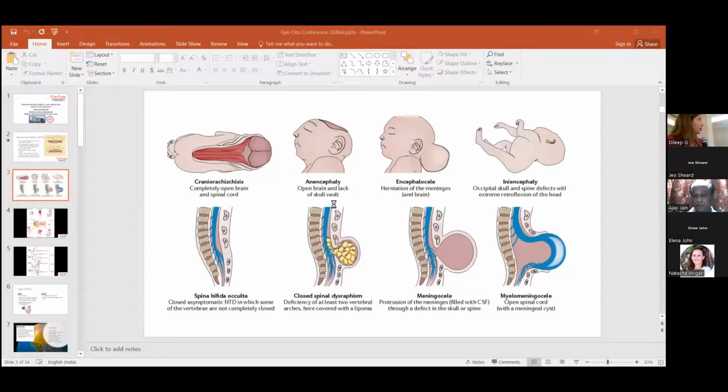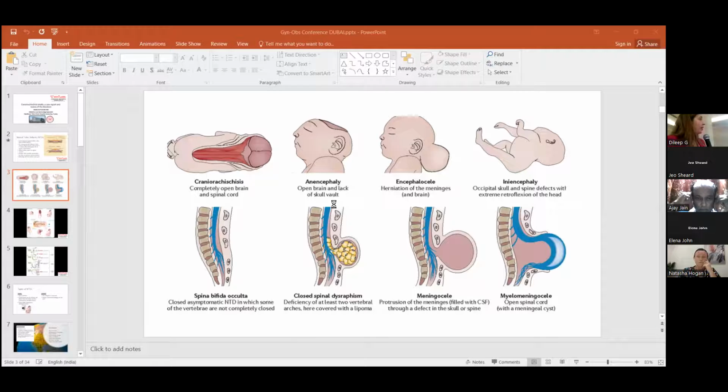What are they? The lemon sign is because of notching of the frontal bones, and the banana sign is an abnormality of the cerebellum. We can also see ventriculomegaly. Here we can see the banana sign of the cerebellum, and the lemon sign of the cranium because of the notching of the frontal bones.